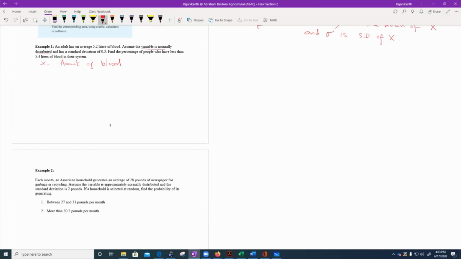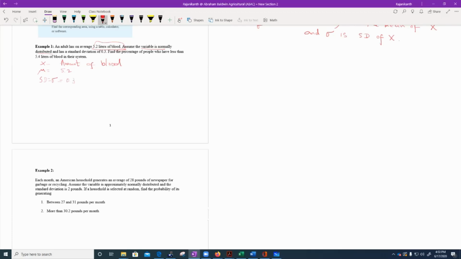So we know that on average 5.2 will be there in a normal human being. Therefore, this is my average, my mean, right? So the mean mu is already given. That is the average, which is 5.2. Okay. The standard deviation sigma is also given, that is 0.3.